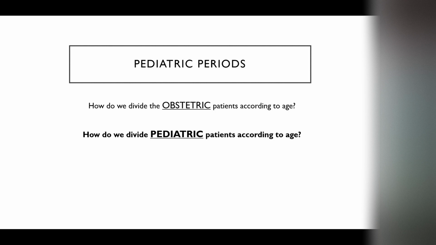So neonatal. Okay. Yes, so these are the periods you need to know for your exam. And each period has different theory and different diseases, okay? And today we will talk about puberty, which is one of these periods, okay?